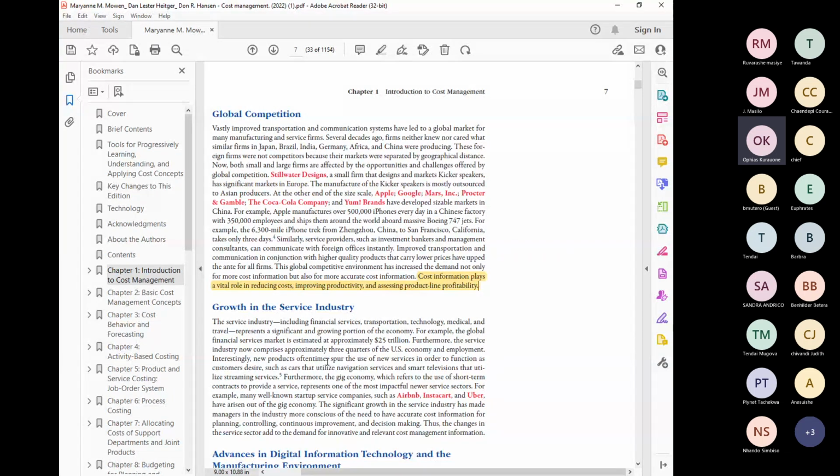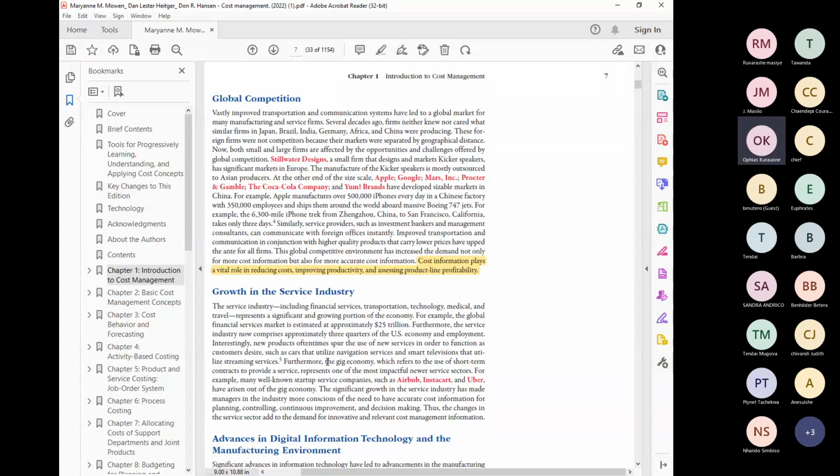Growth in service industry. For example, in the service industry, we are talking about companies which are competing like Microsoft, like Google.